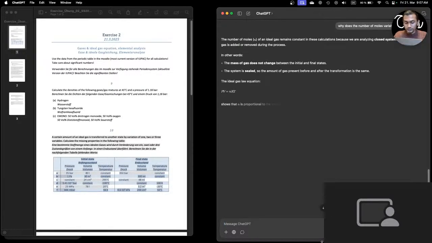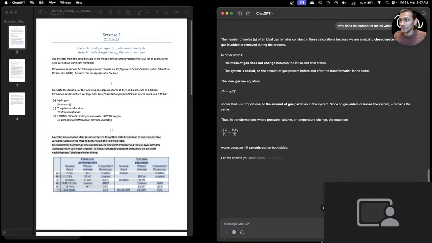I gotta write this. The number of moles of an ideal gas remains constant in this calculation while analyzing a closed system. Yeah, I was right, it's a closed system where no gas is added or removed during the process. In other words, the mass of a gas does not change between initial and final states. The system is sealed, so the amount of gas present before and after transformation is the same.